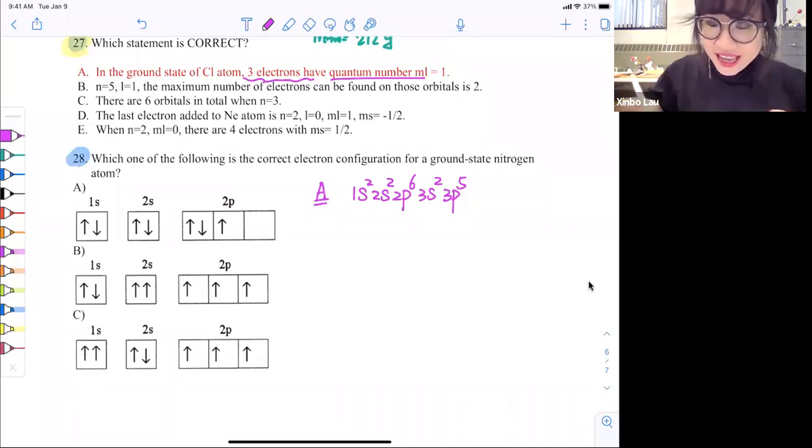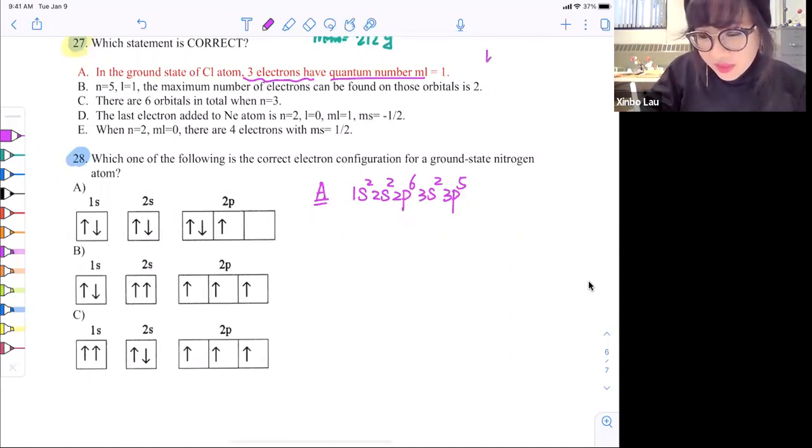Let's think about which values m sub L can have. If L equals 0, m sub L can only equal 0. That's it.